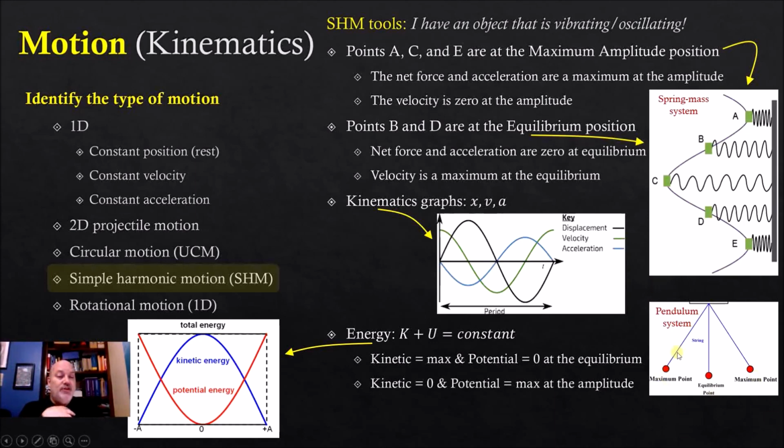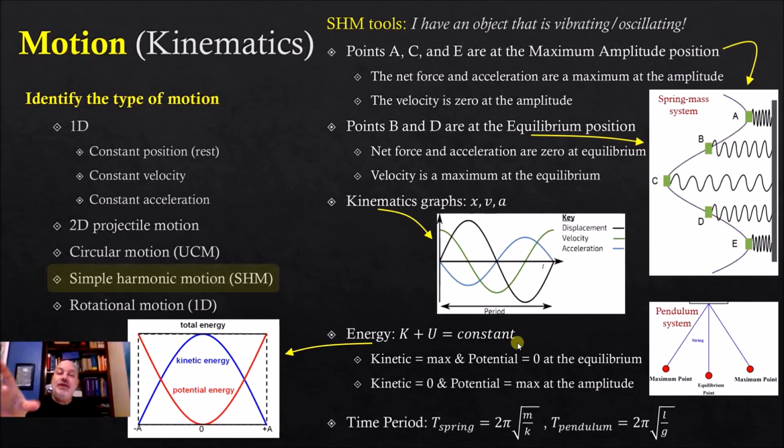The same thing would be true for the pendulum, except this time, instead of oscillating between spring potential and kinetic, you're oscillating between gravitational potential and kinetic, back and forth. Okay? So we're going to go through these in a simulation as well.